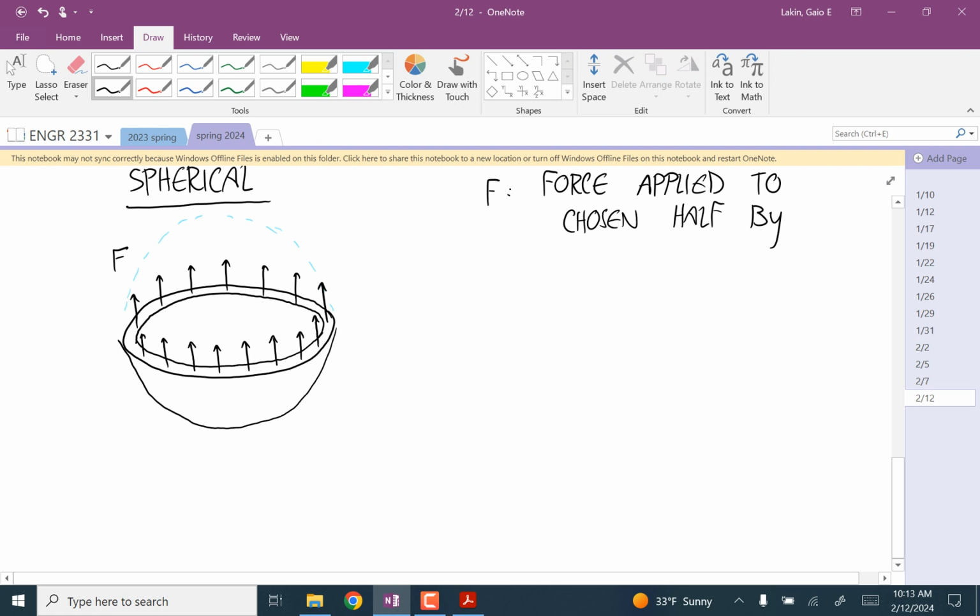If that's made out of metal, that's being applied by the adjacent metal. So let's just call this the adjacent material. And what is that force being applied to counteract? It's being applied to counteract a pushing force from the pressure acting all in here.